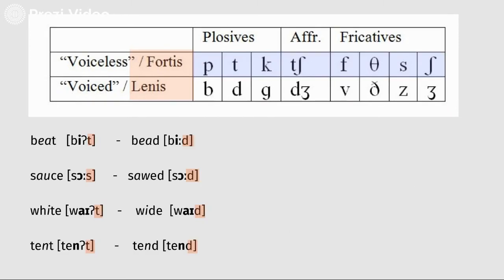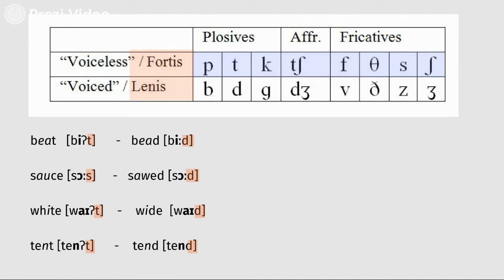Finally, vowels are shortened before fortis consonants, and vowels retain their full length before lenis consonants. In the first minimal pair, the duration of the fleece vowel in beat is perceived a bit shorter than that in bead, and the duration of the thought vowel in sort is perceived as being a bit shorter than that in sword.